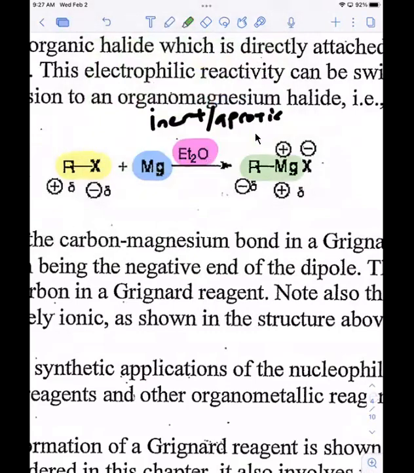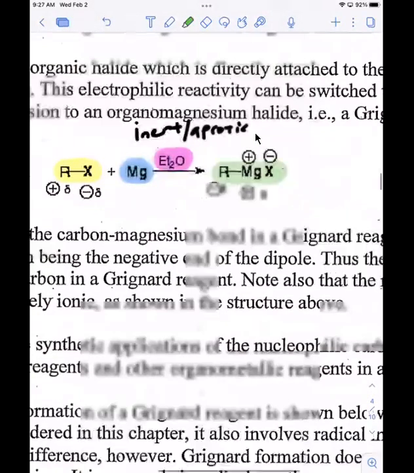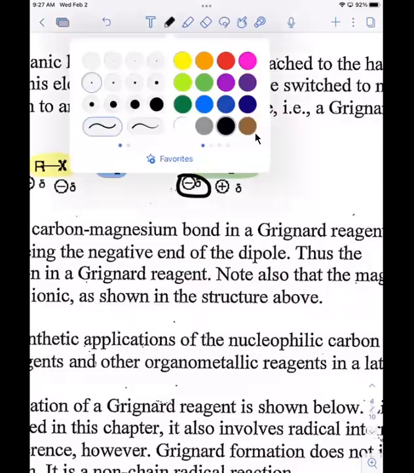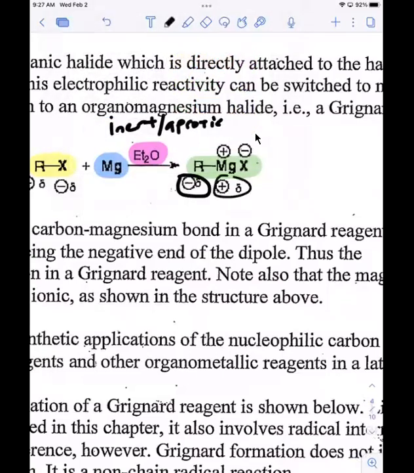All right, so then this is your Grignard. If you notice, the charges are now different. The carbon part of the organometallic is partially negative, and the metal is partially positive. The halogen is just hanging out here, making a salt with the metal.